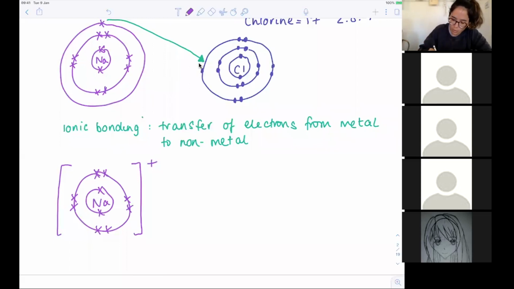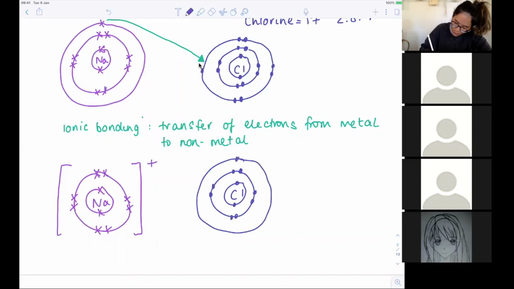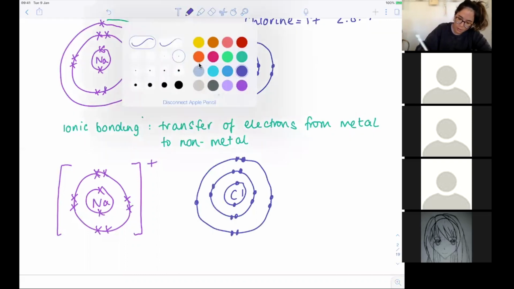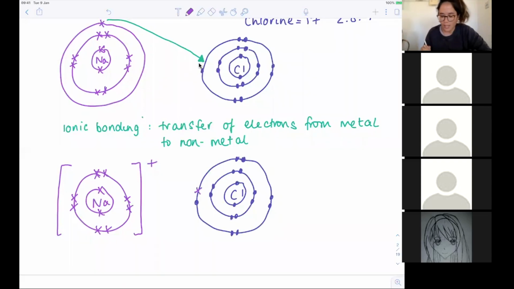So what's going on with chlorine? Okay, we're redrawing it exactly as we had it before. Here's the second shell, which is unchanged. And then that final shell, and notice that we have gained that 8th electron from sodium.